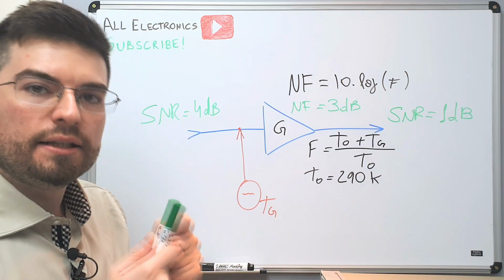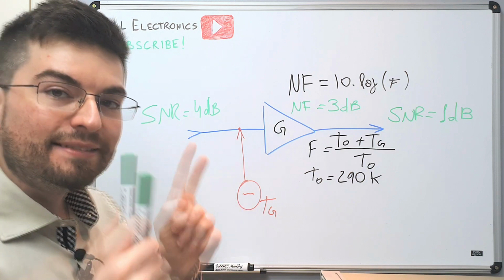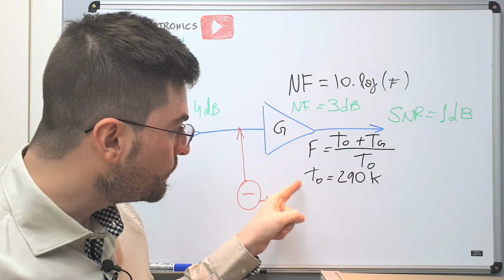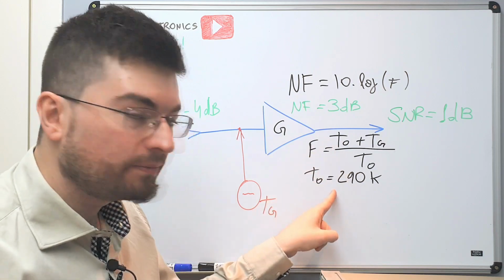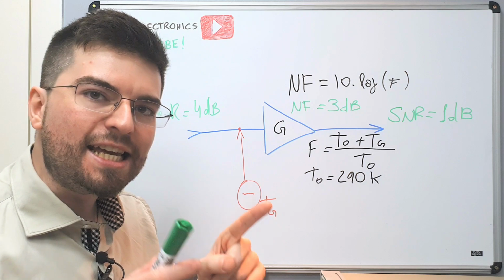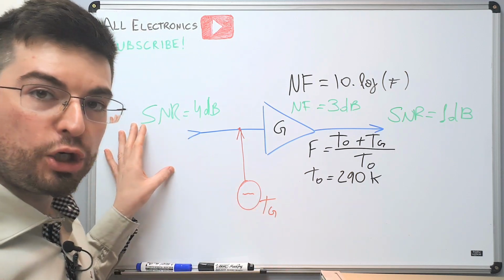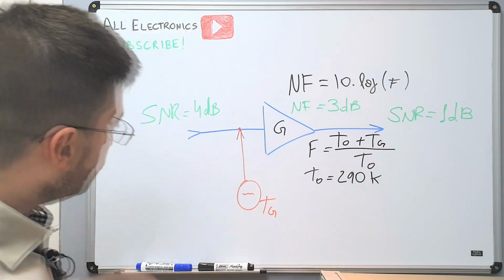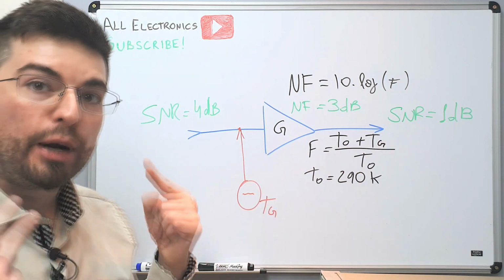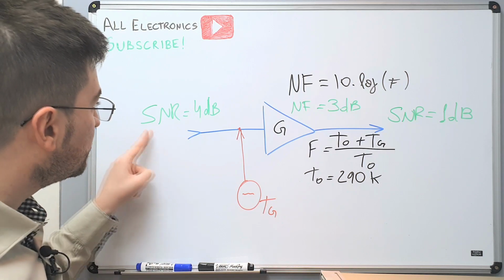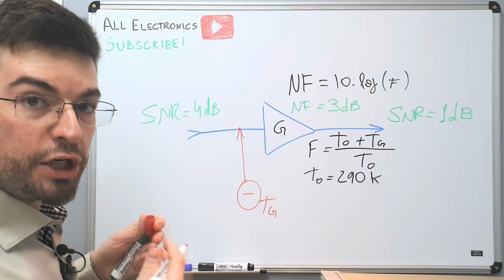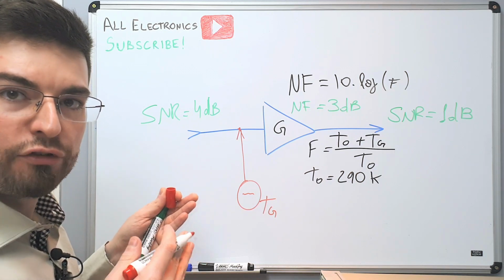But this is why I don't like noise figures too much. This only works, and this is important, look at this, we placed a constant here. This only works if the signal noise temperature is also at room temperature. So this calculation implies that this signal to noise ratio was calculated over a signal. We were using antennas, temperature of the antenna.